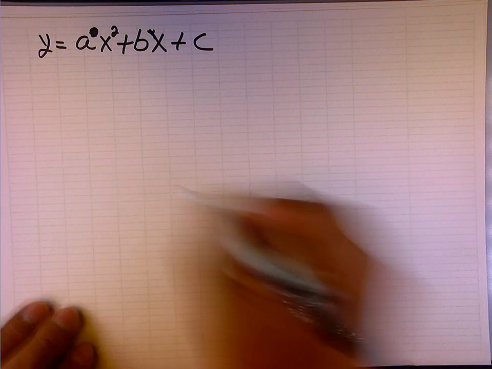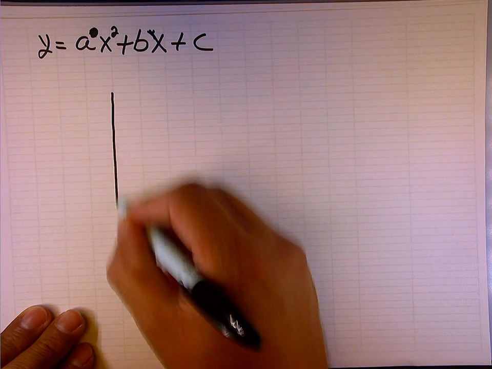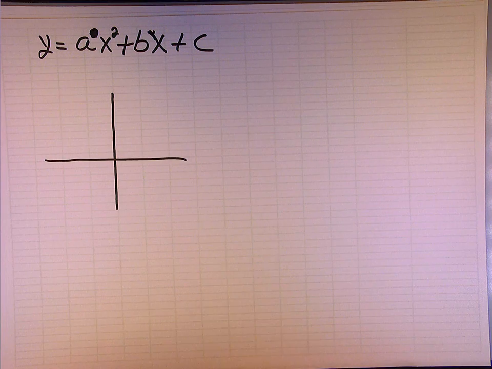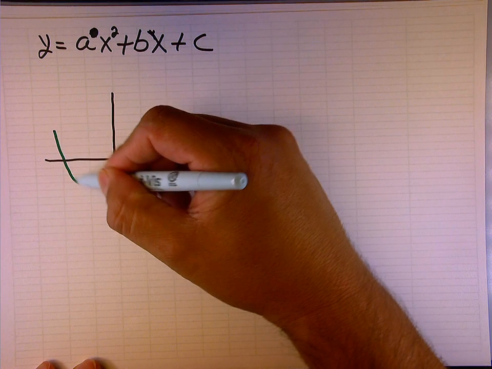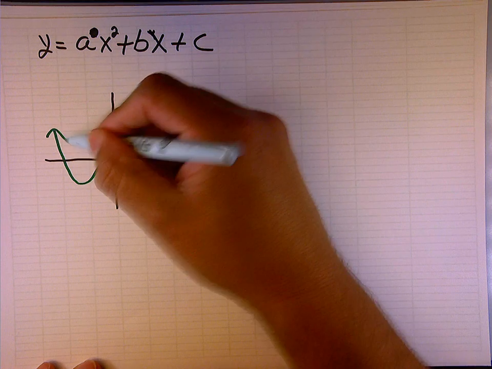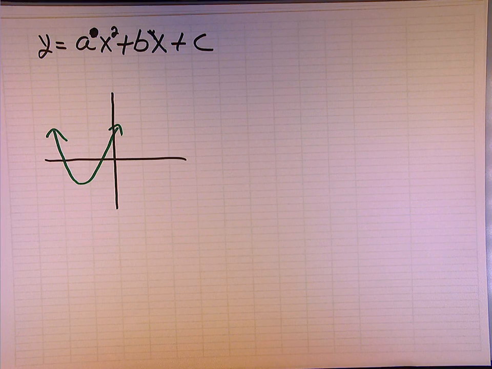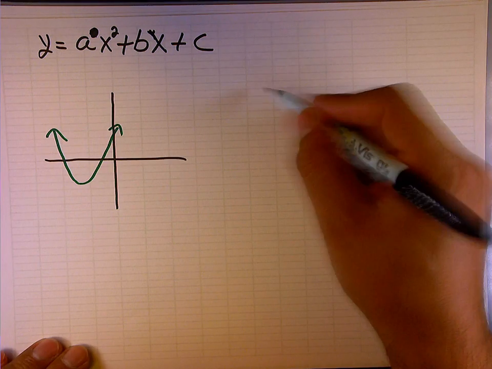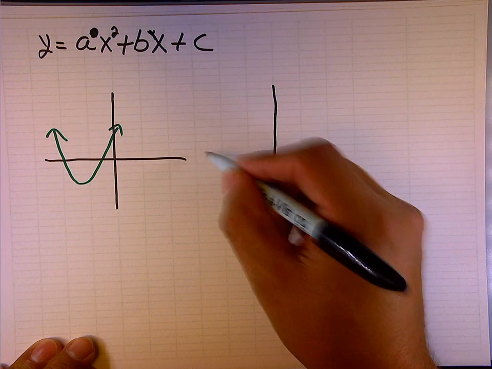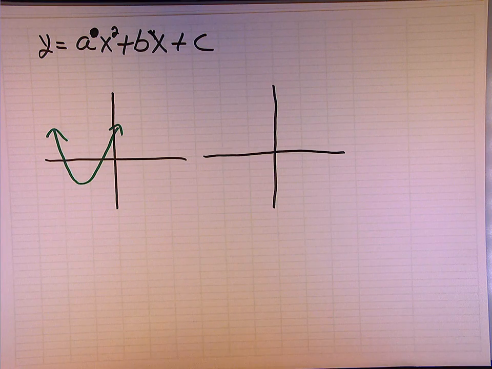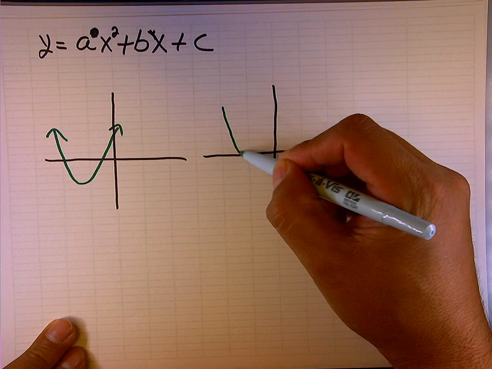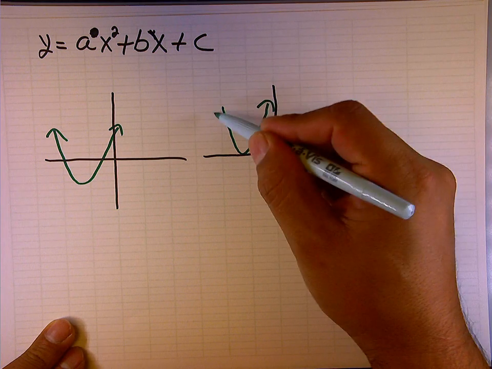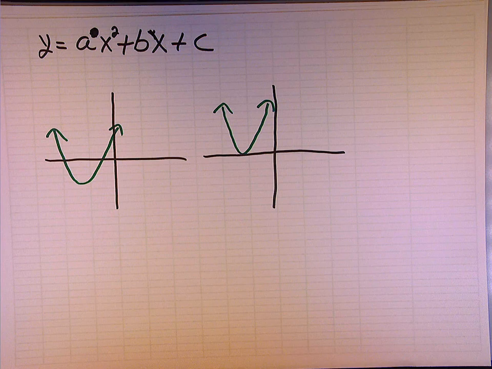Now, some parabolas cross the x-axis, maybe twice, as many as 2 times. Some parabolas only cross the x-axis once.